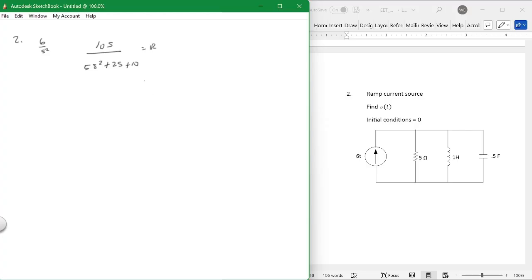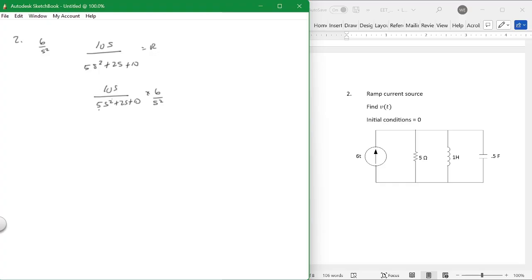And it's that times 6 over s squared. Now we start doing some cancellations, and we do the quadratic equation, but we want to get this to 1s squared.